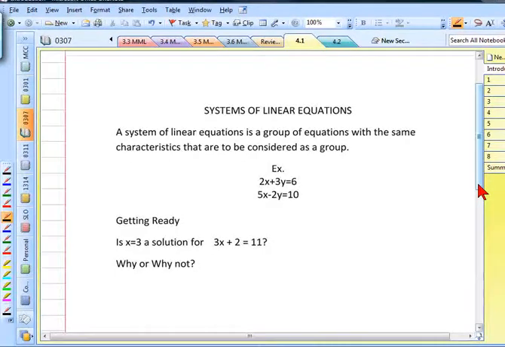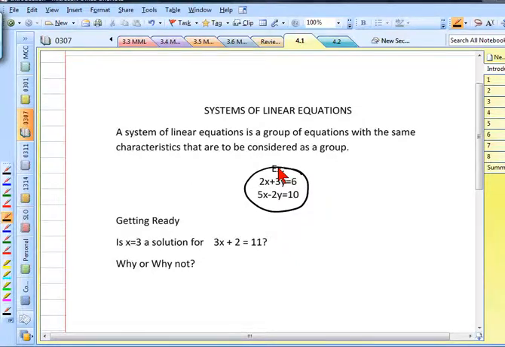All right, all of Chapter 4 is about systems of linear equations. And a system of linear equations is a group of equations with the same characteristics, and the group is to be considered as a group. You take two equations, and we're going to work with them together.